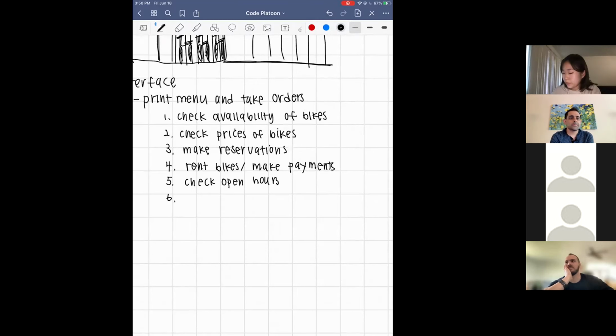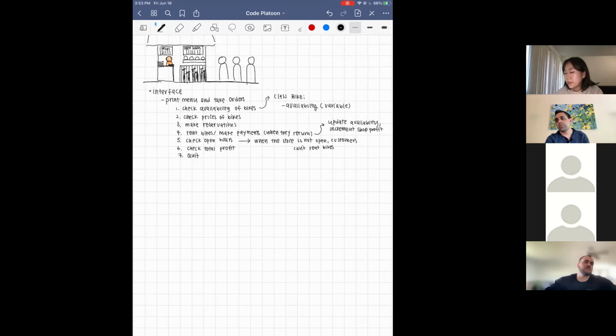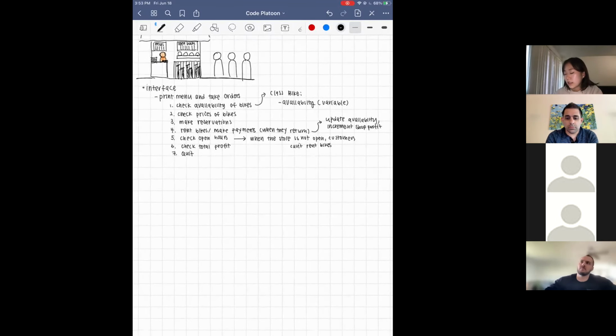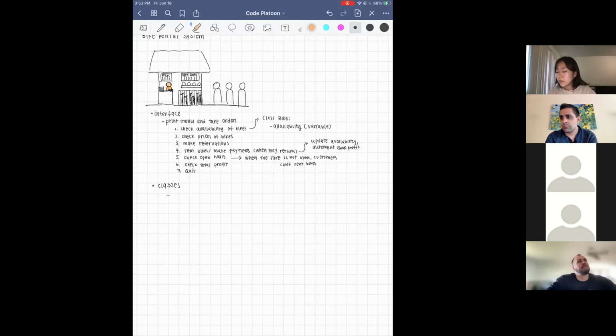So now that we came up with all the different commands that the customers can choose from, we're going to come up with the actual classes that we need in order to code our system. So first, from this picture, we see these separate elements. So it's easy to tell that the shop is separate from the customers.